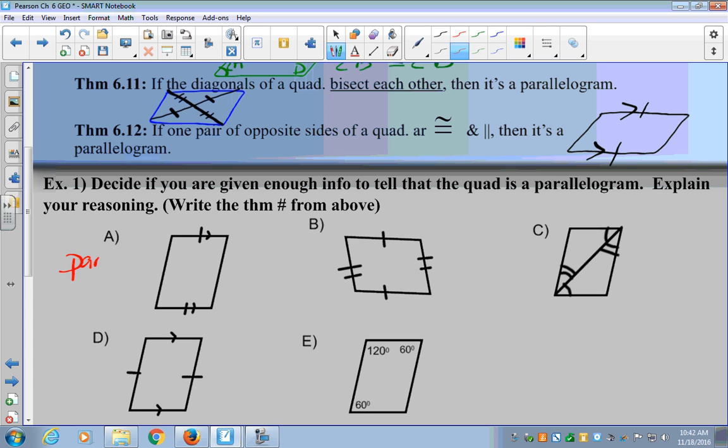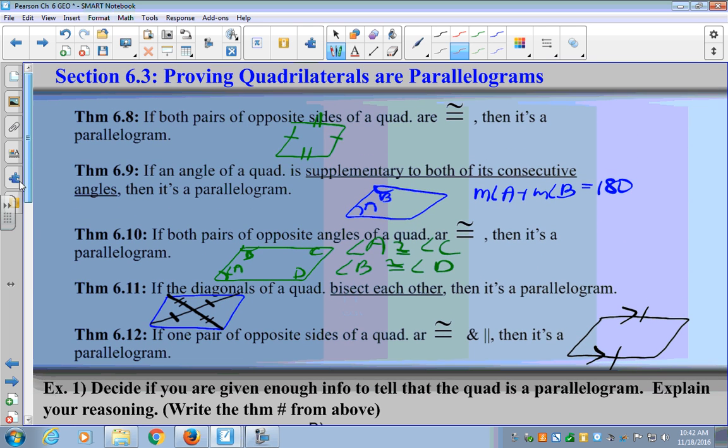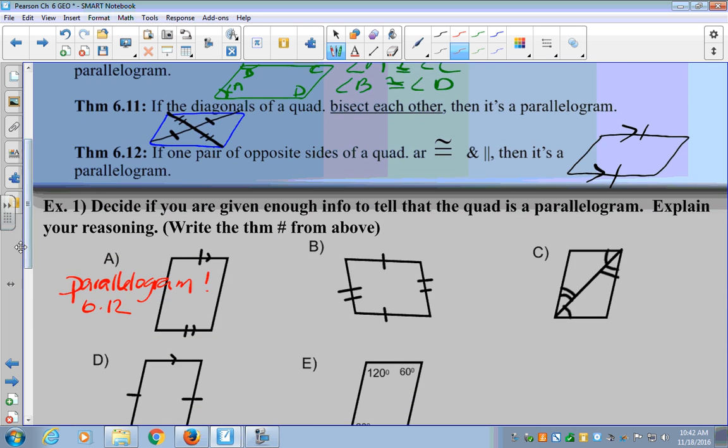Okay, I'm going to put an exclamation point on that. Okay, so B, we have 2 pairs of opposite congruent sides. Which theorem does that go with, if any at all? They say it's 6-8. Let's look at our picture. Yeah, 6-8. So we're going to go parallelogram.